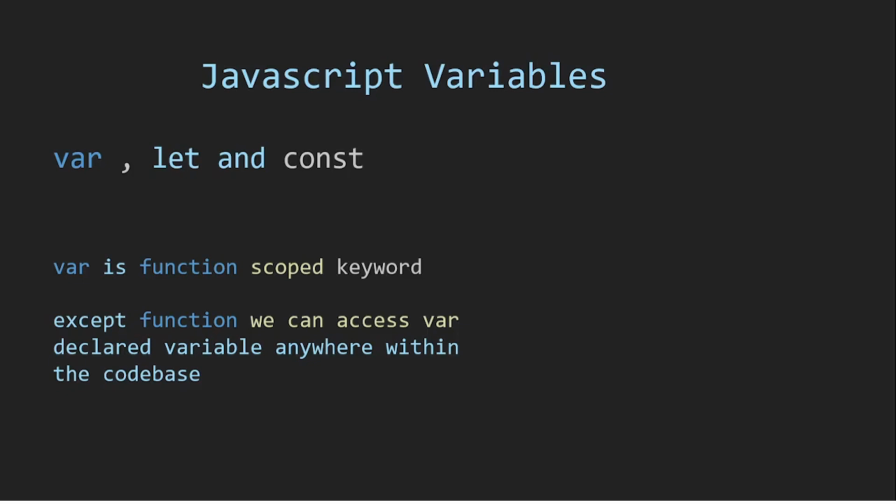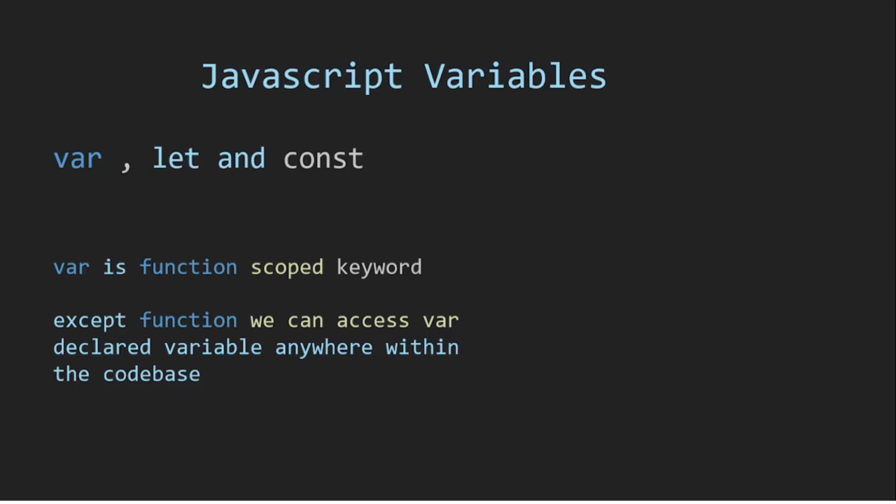Other than function scope, if we put a var keyword variable in any other block of code, we can access it throughout the program without any problem. So it is called a global variable as well. The global variable means we can access the variable anywhere within the program.